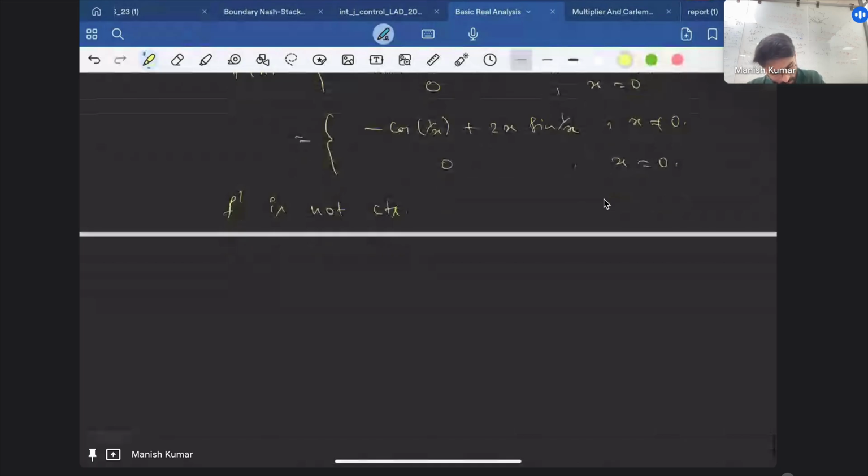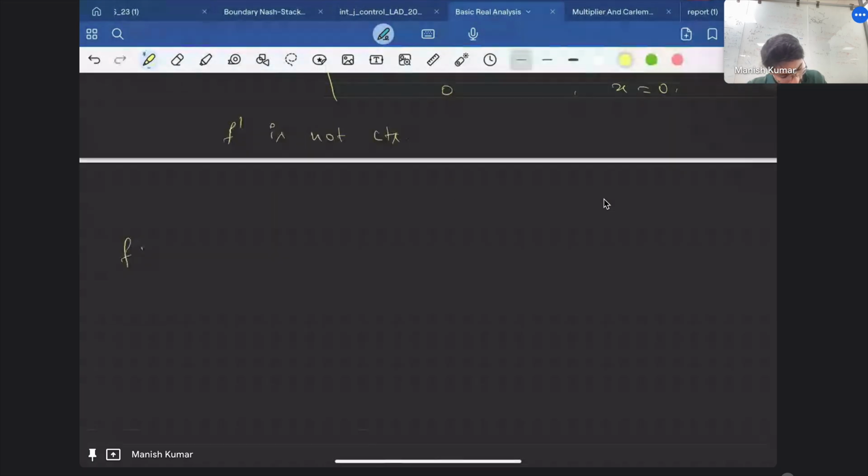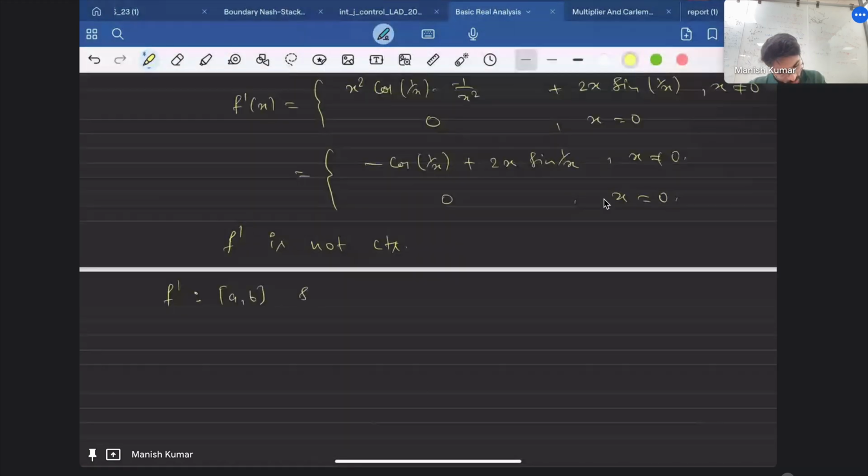So we are saying that f prime defined on AB to R is bounded. This is the question. Now your guess would be that I will look for some function in AB to R which is not bounded. If it is continuous, then it's going to be bounded.